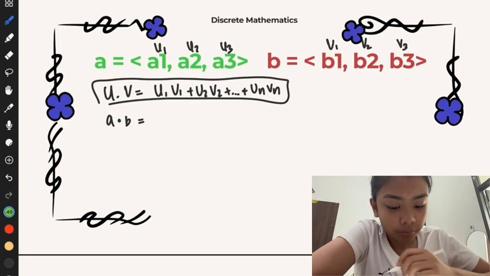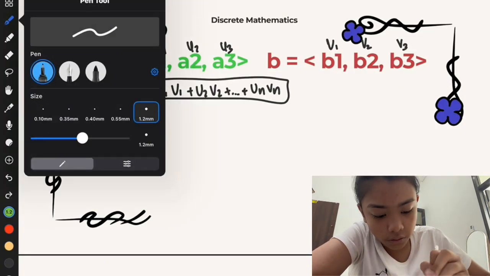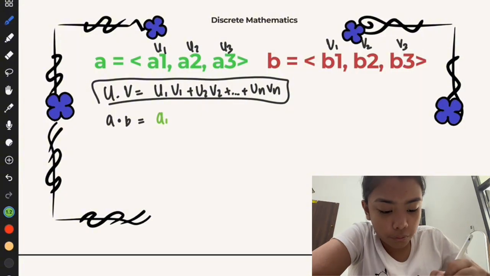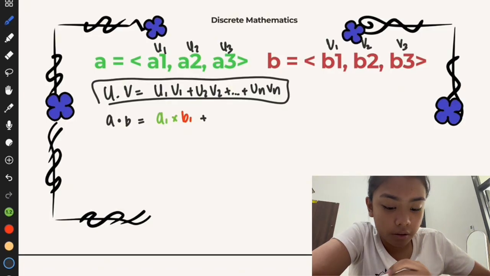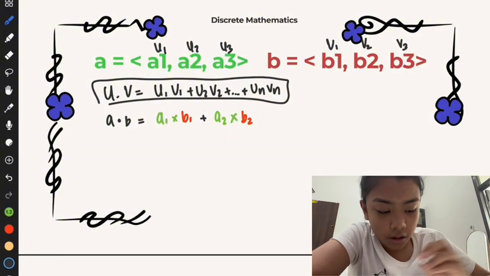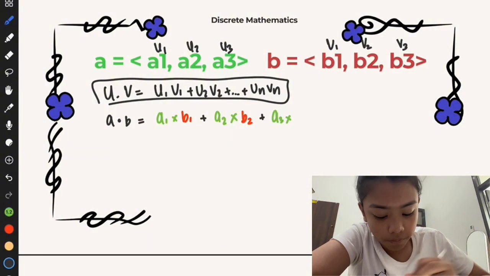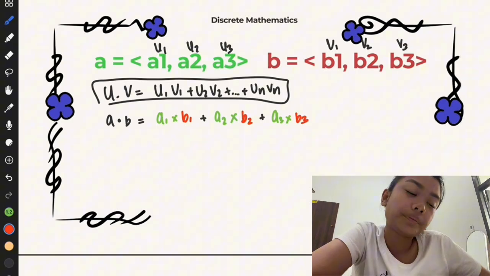So let's start: A1, we multiply with B1, and then we add A2 times B2, and then we continue with A3 times B3. Pretty simple, right?